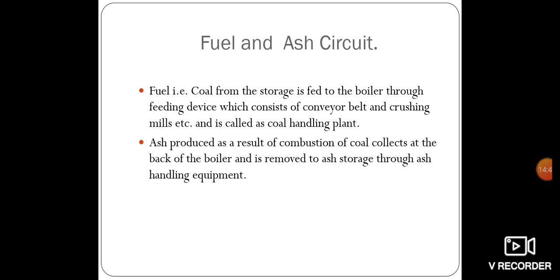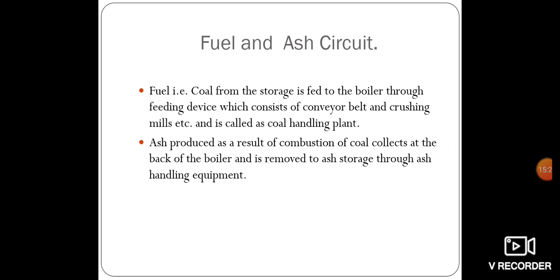Here in a coal-based thermal power plant, the coal is first of all stored in the storage location, and it is fed to the boiler through a feeding device, which consists of a conveyor belt. A conveyor belt is used to move the coal from the storage area to the boiler point, along with crushing mills, and it is called the coal handling unit.